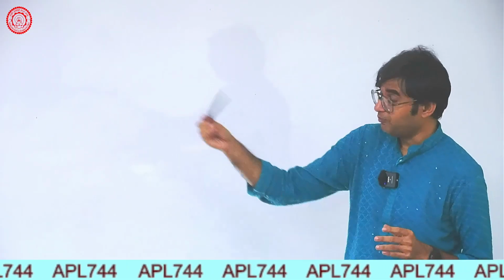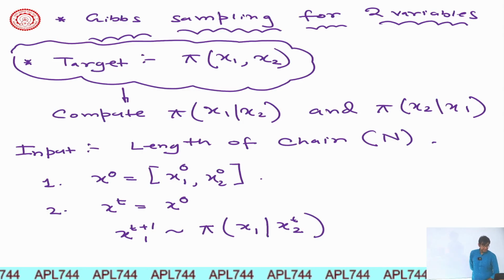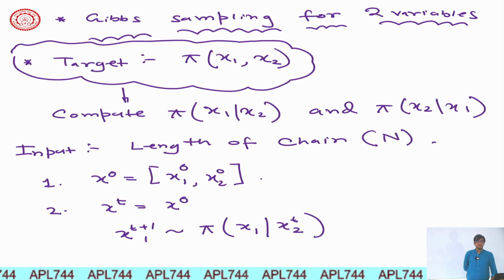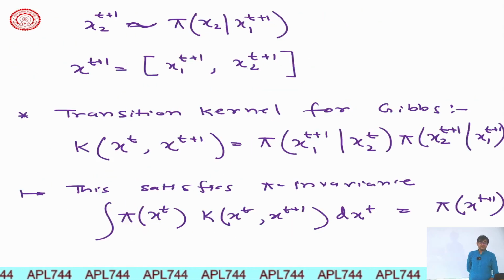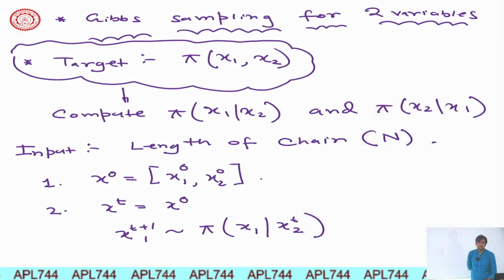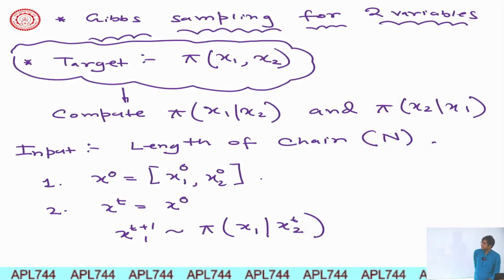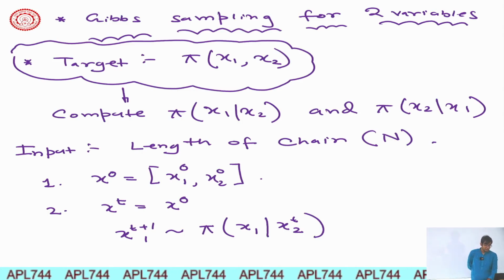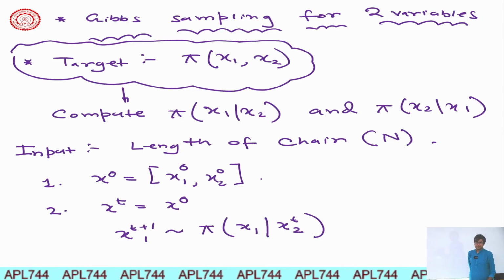Can I repeat the top one? So look at the algorithm. What are you doing? What is the kernel? First of all, what is the definition of kernel? Kernel, basically the definition is the probability of transitioning from xt to xt plus 1. Now look at the algorithm. How am I going from xt to xt plus 1? I have xt, line number 2 or algorithm step 2.